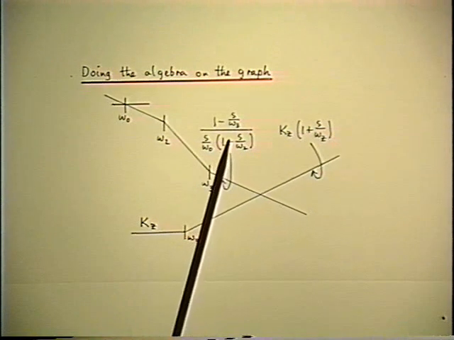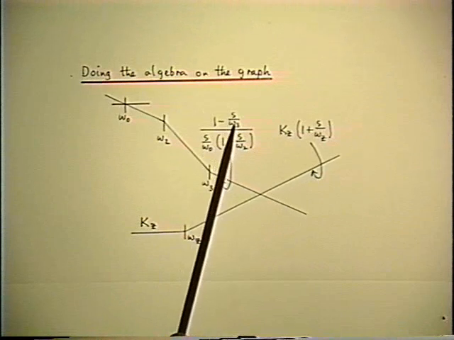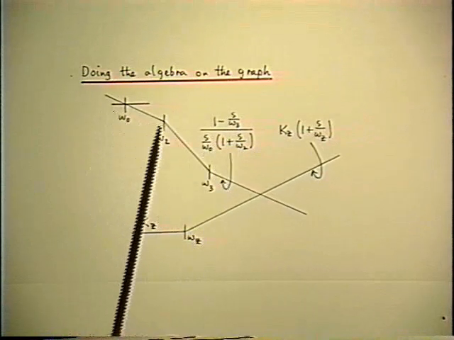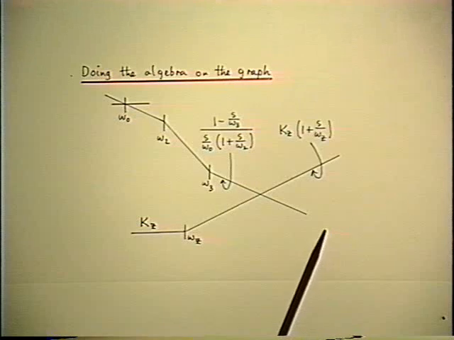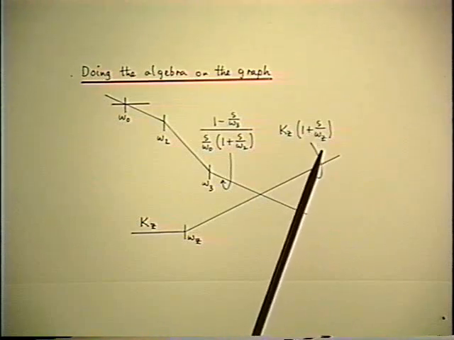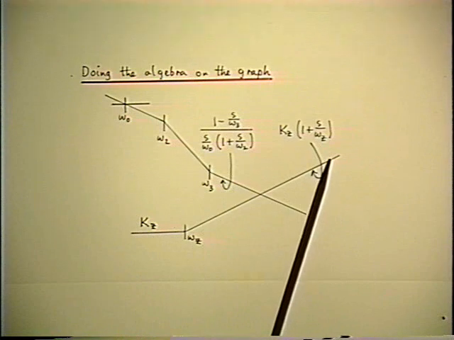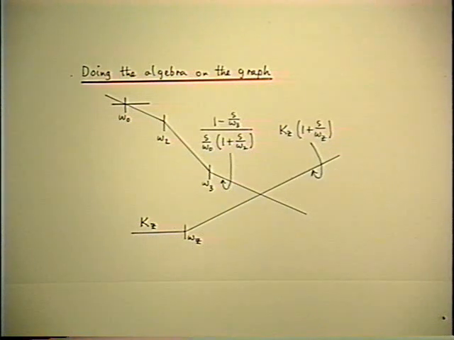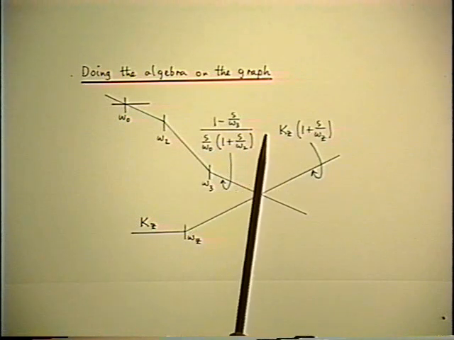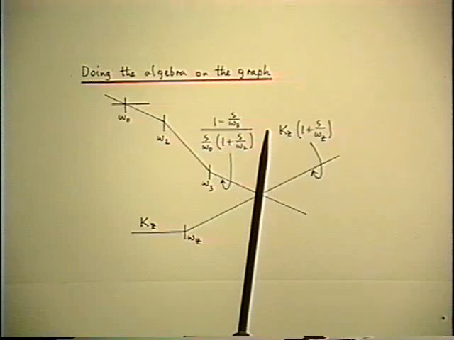So this function, which has two poles and a zero, is represented by the asymptote sketch at the top left. Then there's a separate function which represents the other set of asymptotes, magnitude function also. Suppose your algebraic objective is to add those two functions together, that is, to put a plus sign in between.